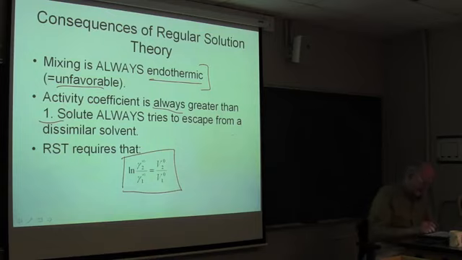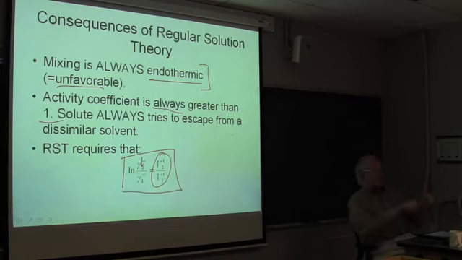prognostication that the log of the ratio of the infinite dilution activity coefficients is given by nothing other than the size of the 2 molecules. So this is the activity coefficient of species 2 in 1, and this is the activity coefficient of 1 in 2.